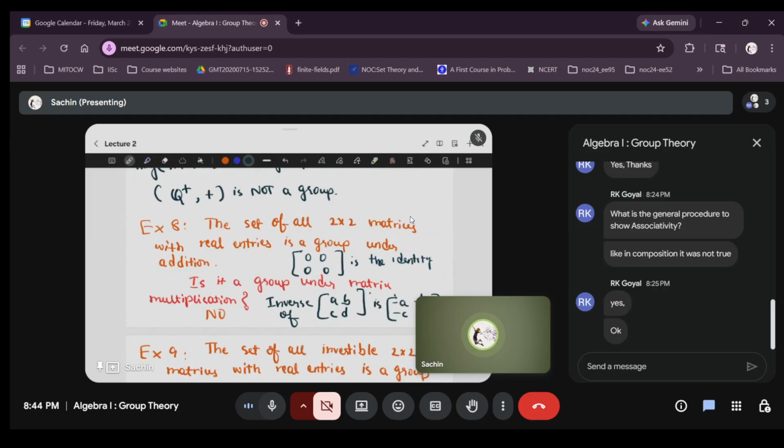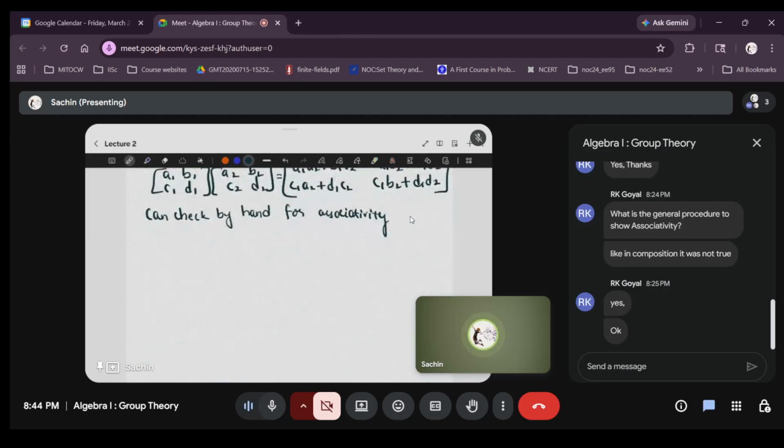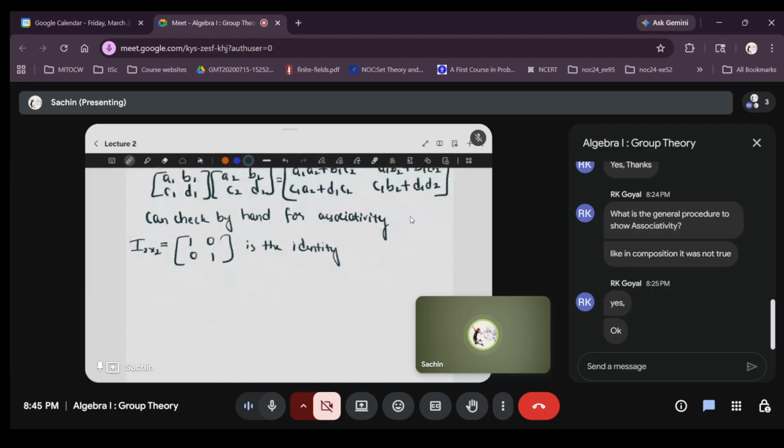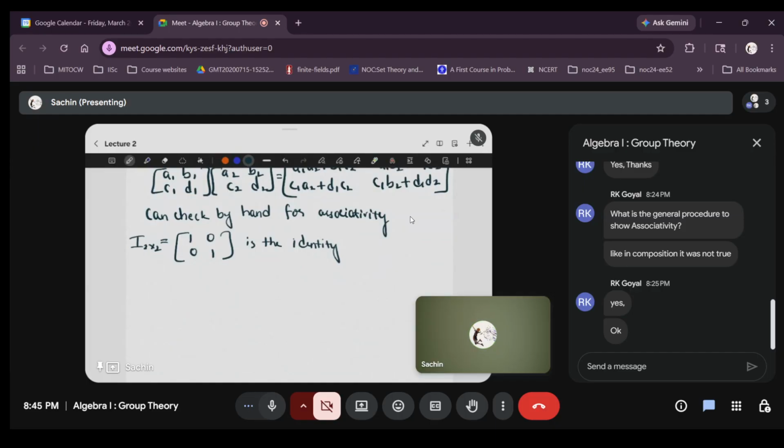Yeah, for addition it is this. Here for multiplication, what is the identity? Yeah, the 2 by 2 identity matrix, 1 0 0 1, is the identity, because for any matrix A, AI is equal to IA is equal to A.